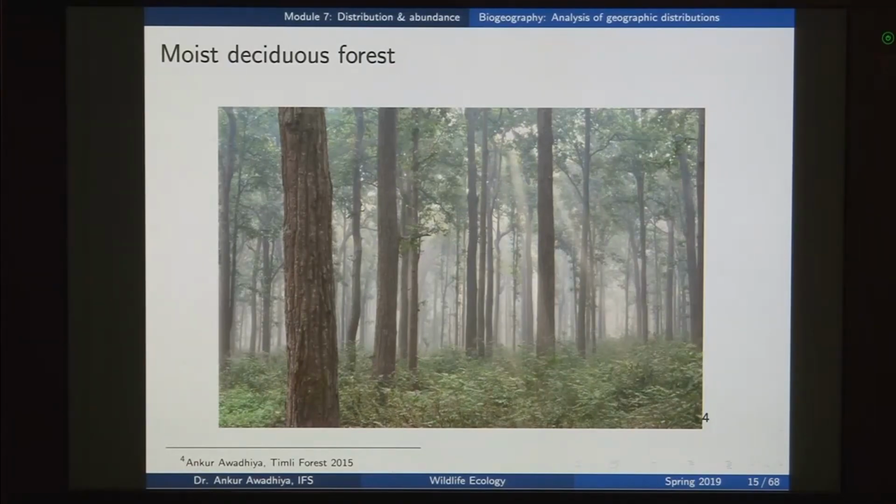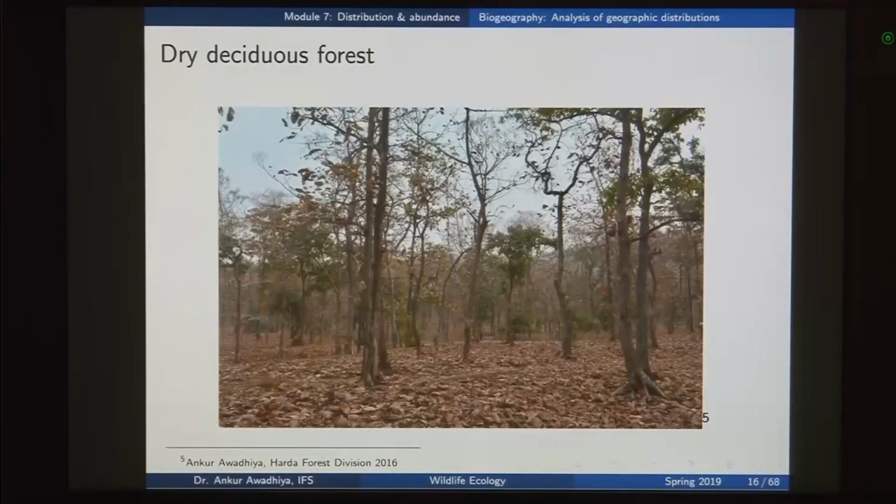Now, in certain other areas we will find dry deciduous forest. Again, this is a deciduous forest because it is shedding its leaves. In the case of a dry deciduous forest, you will typically have less moisture available to the plants. And a good example of a dry deciduous forest is a teak forest.